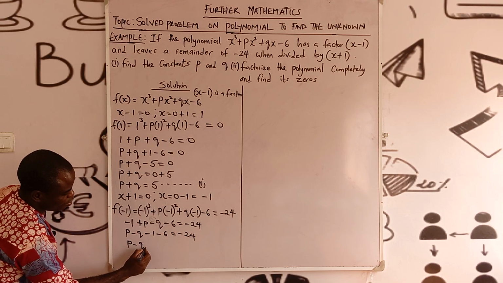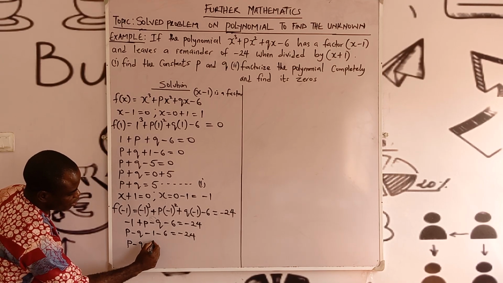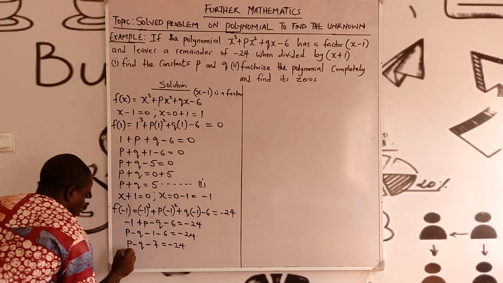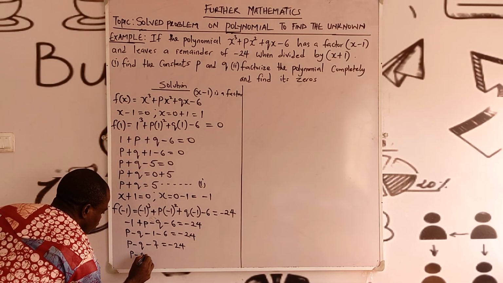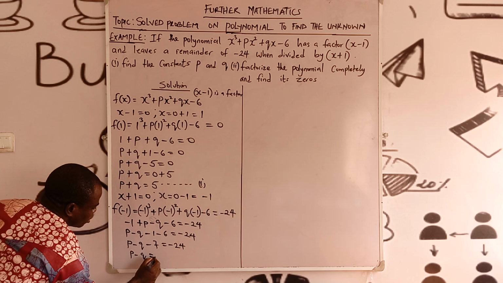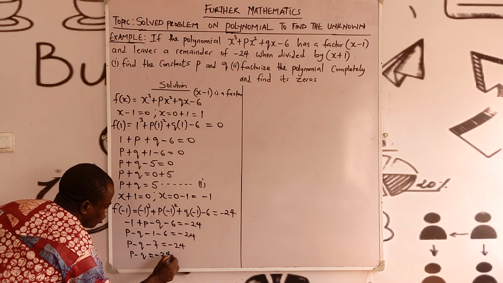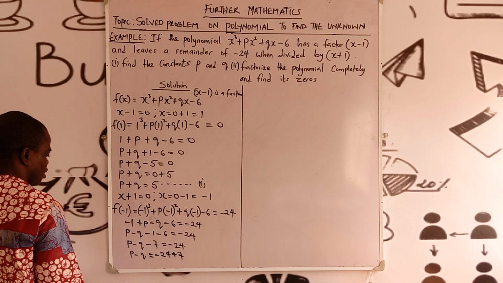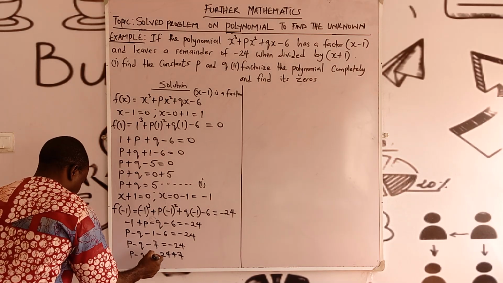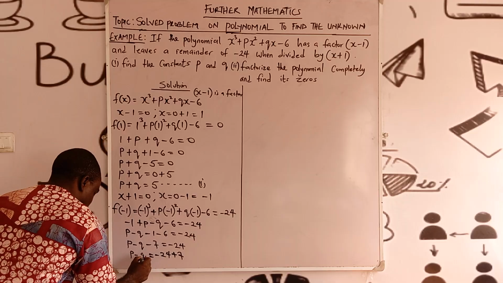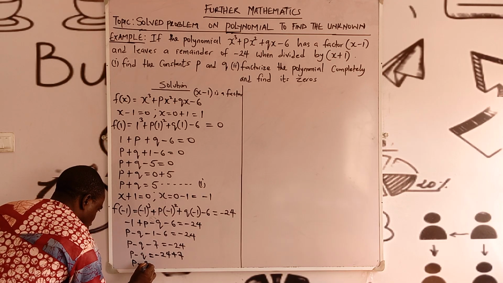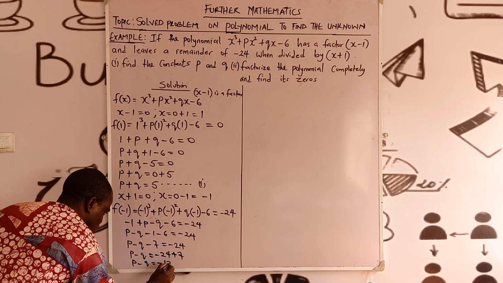Minus 1 minus 6 is minus 7, so p minus q minus 7 equals minus 24. Taking minus 7 across the equals sign, p minus q equals minus 24 plus 7, which is minus 17. So p minus q equals minus 17.